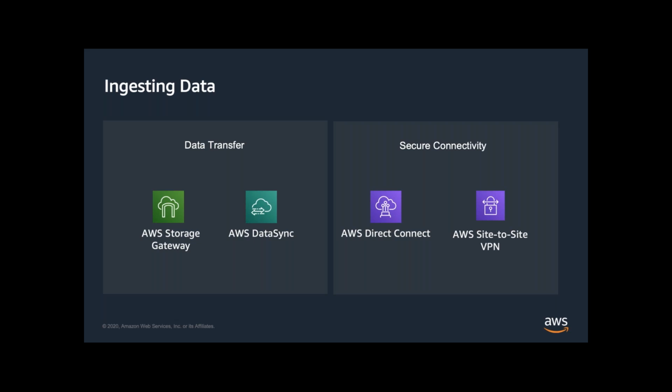Those are 2 services, right, that actually help you transfer large amounts of data to the cloud. So with Storage Gateway, in a way, you set up effectively a VM that can replicate data from an on-premises, say, file system up into AWS. DataSync does it in a very similar way.